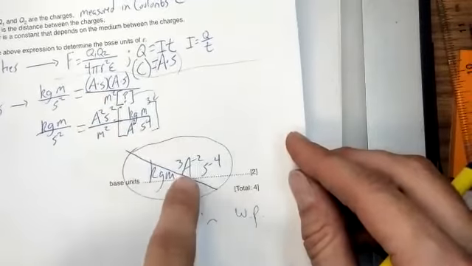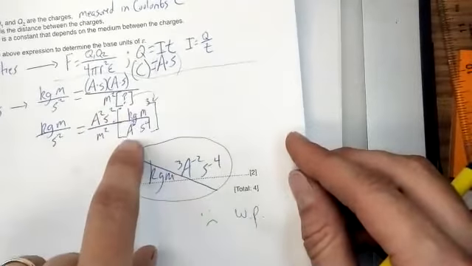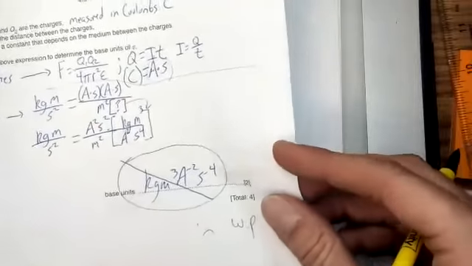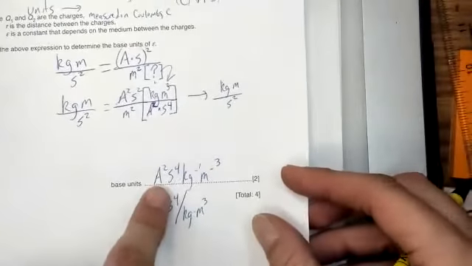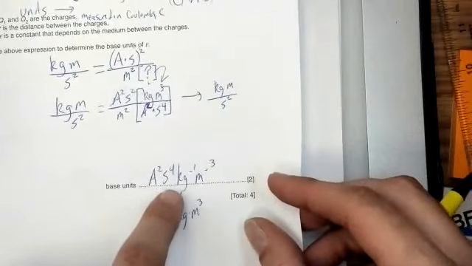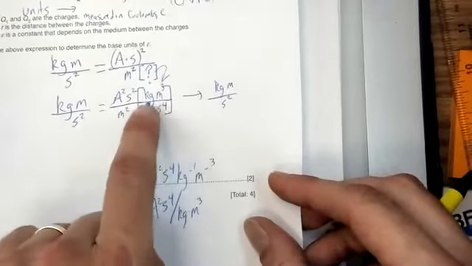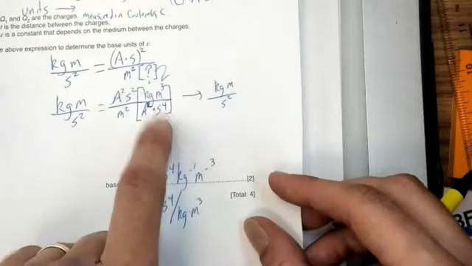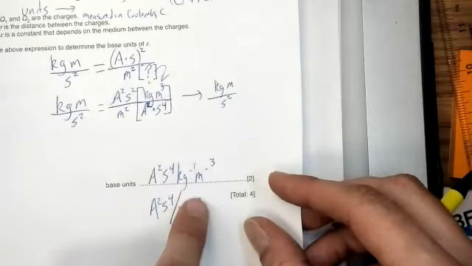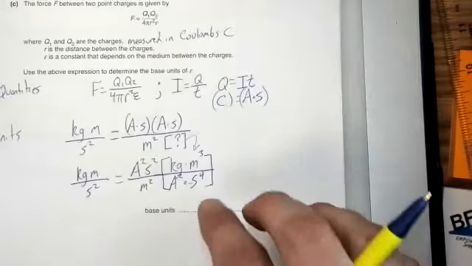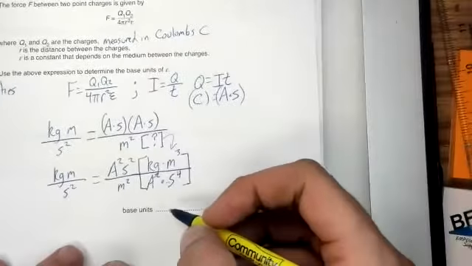I should have reported this not like kilogram meters cubed per amp squared second to the 4th, but rather this way. Amp squared seconds to the 4th, right? Per kilogram per meter cubed, right? Because those things were actually in the denominator of this denominator. That's why they showed it back there in the numerator. That's the correct answer. Let's just be careful and get it right for ourselves.